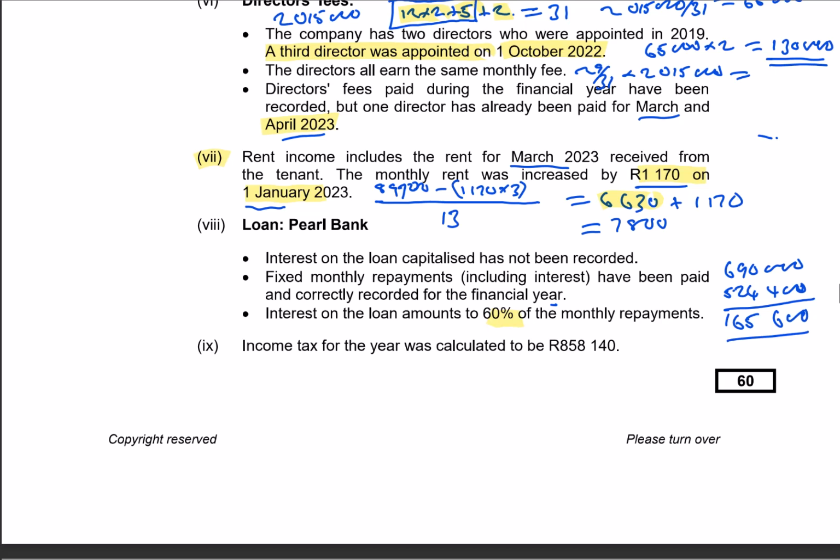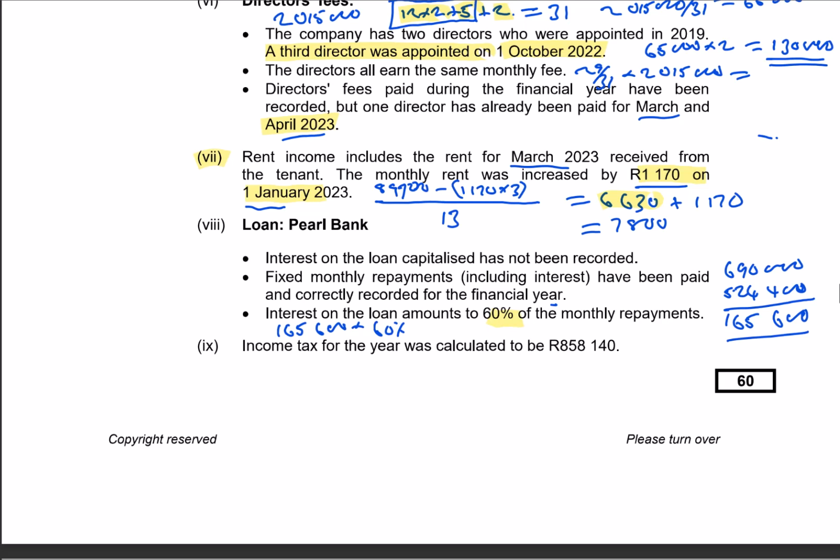And the question said interest on the loan amounts to 60% of the monthly repayments. So that's basically 60% of the total repayments. So for us to get the interest on loan, that will be 165,600 times 60%, because that was the total payment.